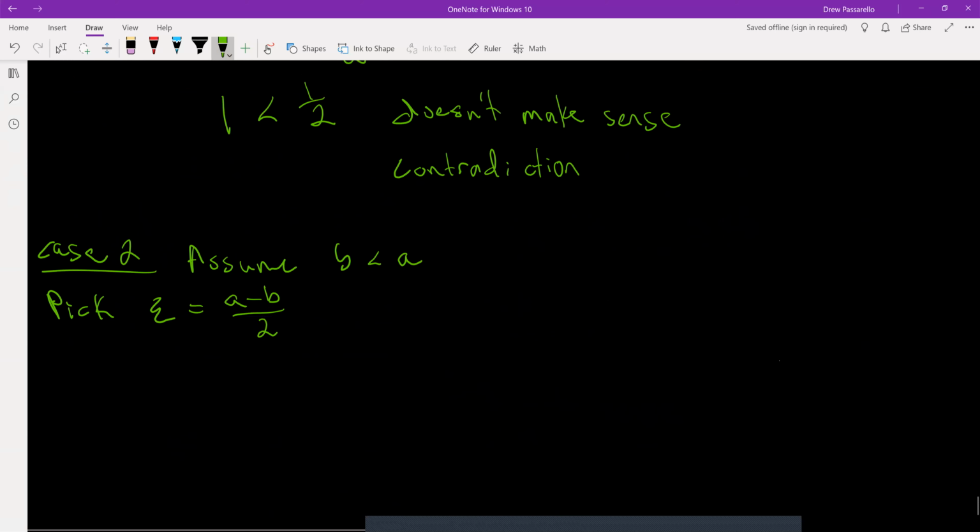All right, so we know b is in the epsilon neighborhood around a. So then that means the absolute value of b minus a is less than epsilon, and our epsilon is a minus b over 2.